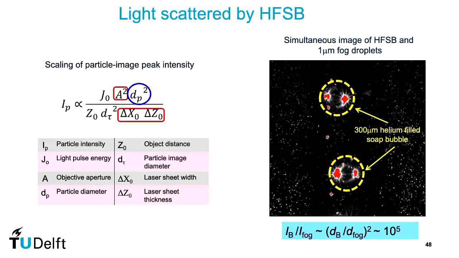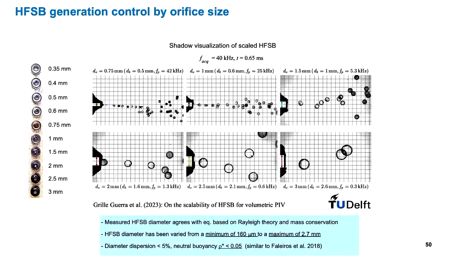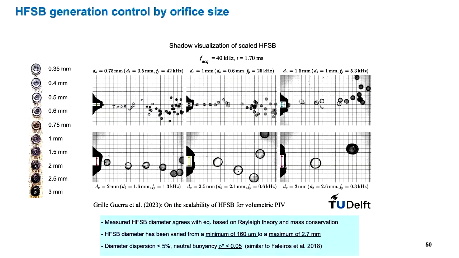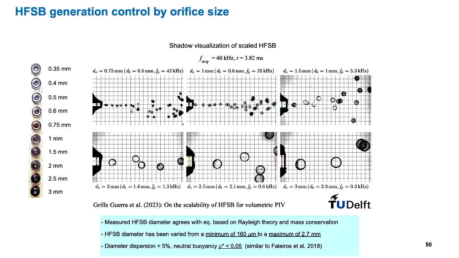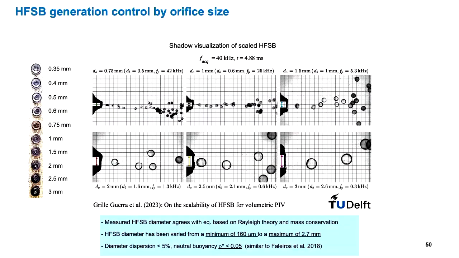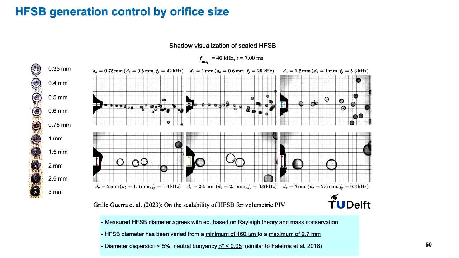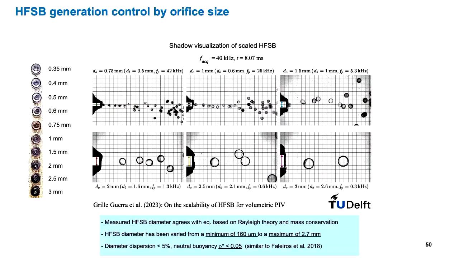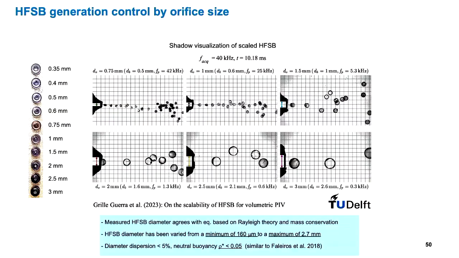So if you get so much more light, you can relax your parameters in terms of field of view, in terms of widening the laser or the LED, and even the mechanism by which you produce them. You can make them neutrally buoyant from very small scale. Actually, we found them from 100 micron up to a few millimeters. So it is a scalable tracer that could fit sizes from a liter to a few cubic meters.